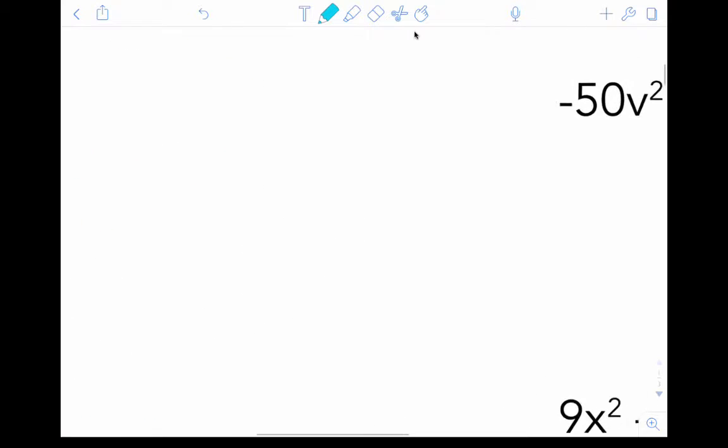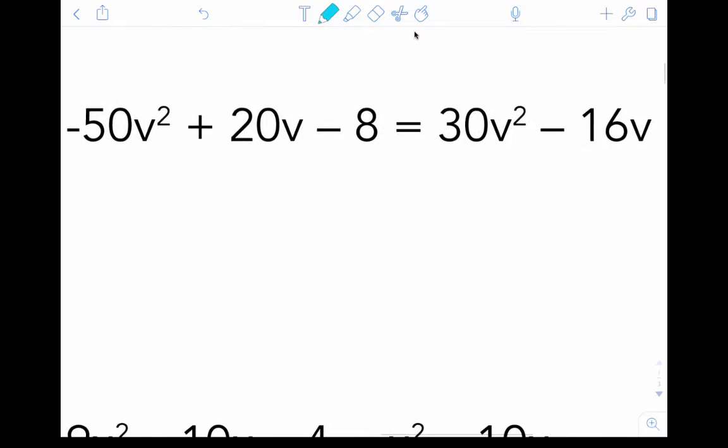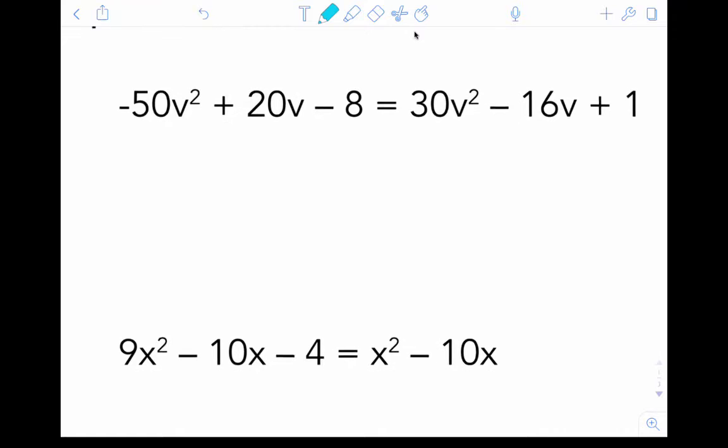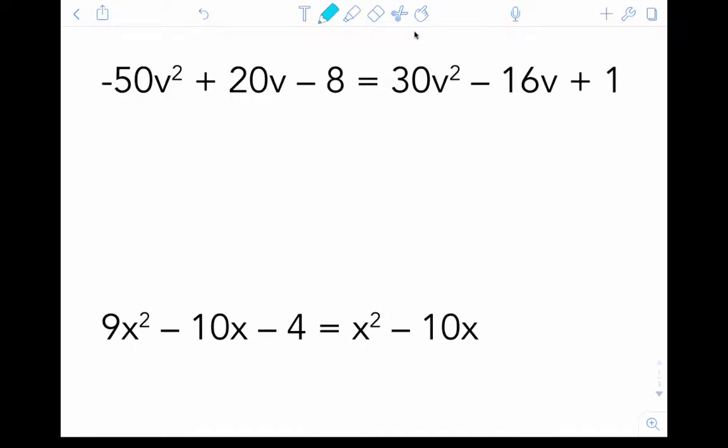Moving over to our top right problem. Before we can do this one, we need to subtract everything over to the other side of the equation. So I need to subtract 30v squared, I need to add 16v, and I need to subtract 1.